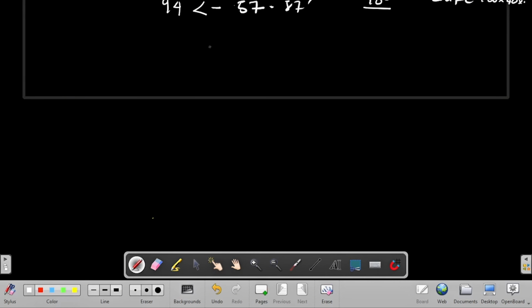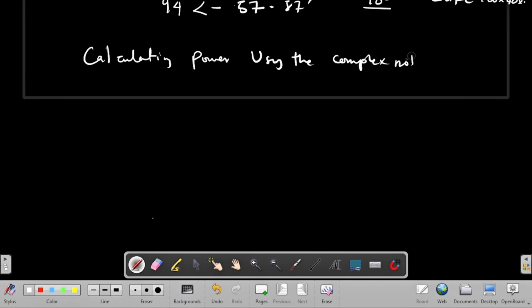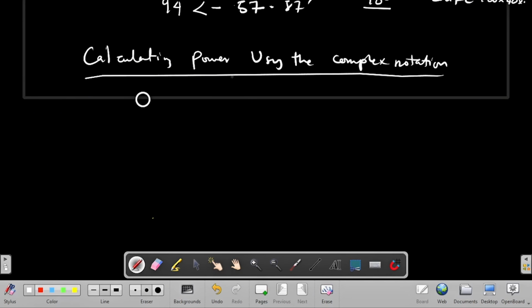So finally, let's end everything with calculating power using the complex notation. In our lesson on power in AC, you realize that we identified three main categories of power.